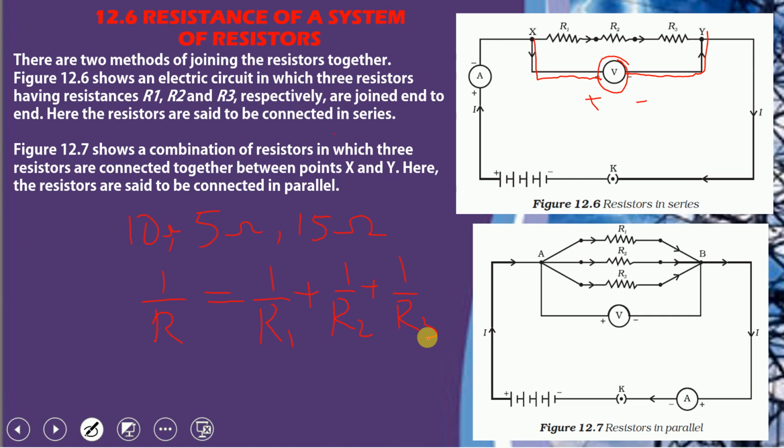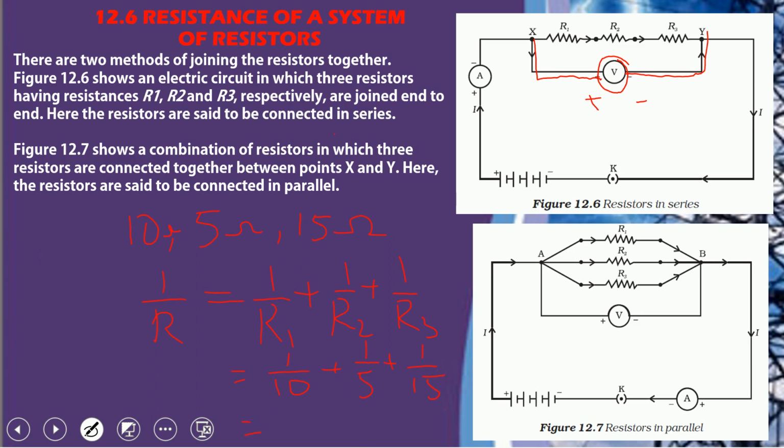Now here it is 1 upon R. In this case, we are considering 1 upon 10 plus 1 upon 5 plus 1 upon 15. Here we are taking the common factor.